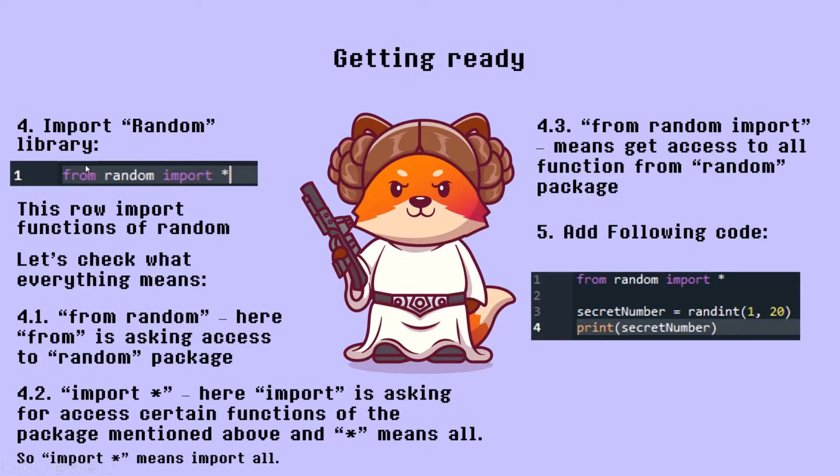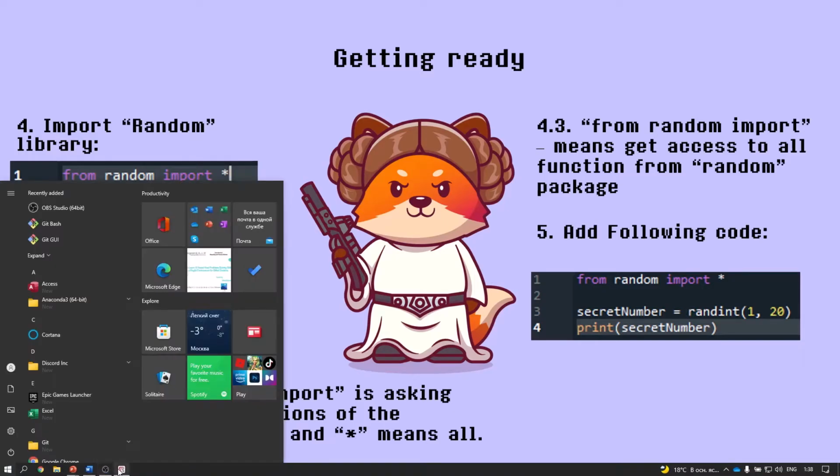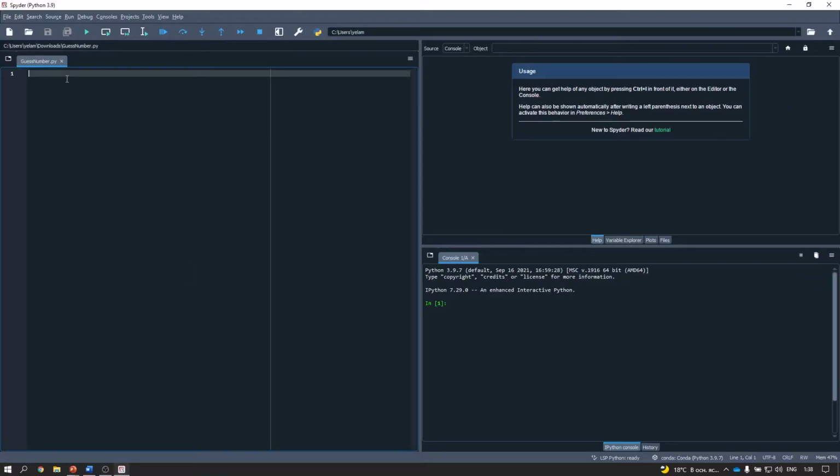And after we add this one, we need to add something like this: secret number equals rand int, here we are already using randint, the function of random, from 1 to 20, and print secret number. So let's do that in Spyder. We open Spyder back, so we need to write import, right?